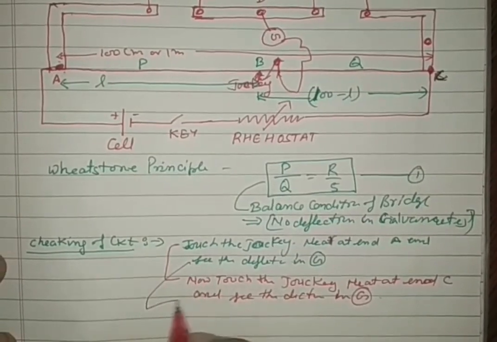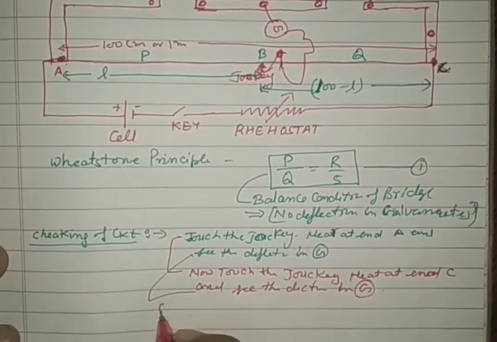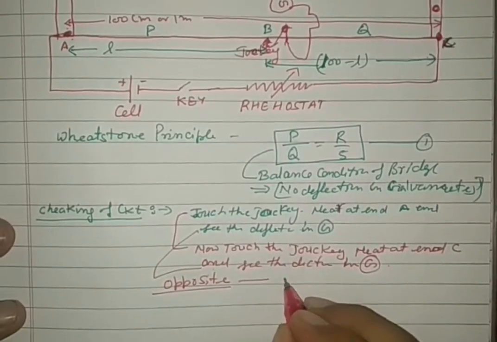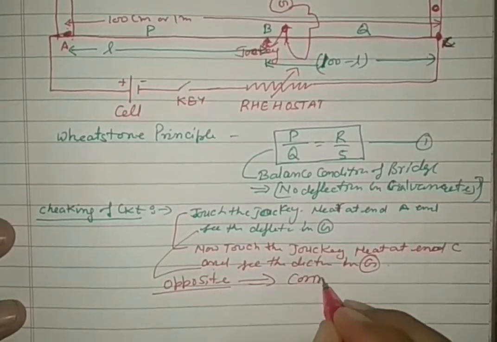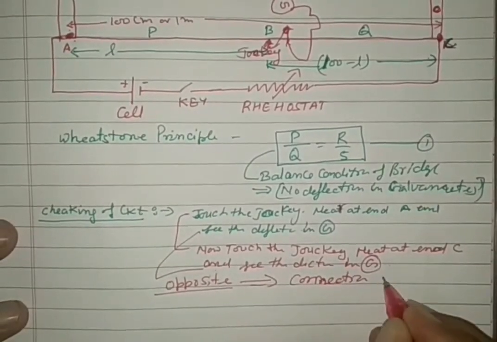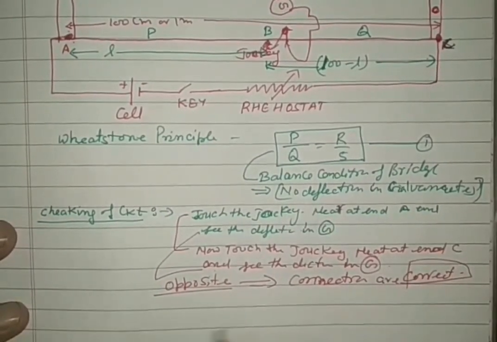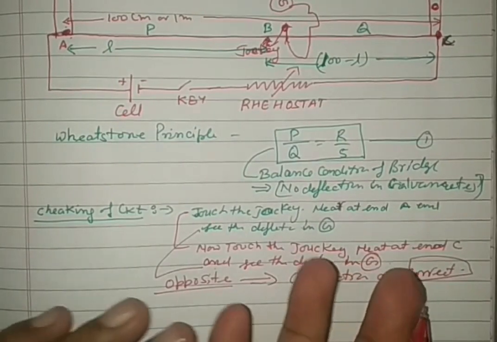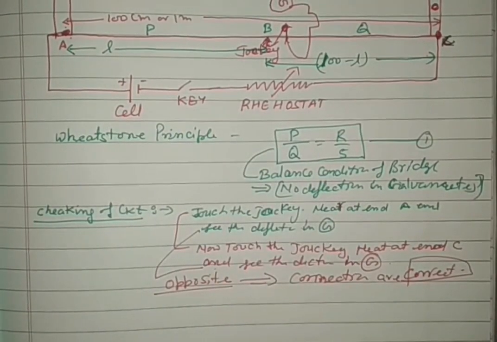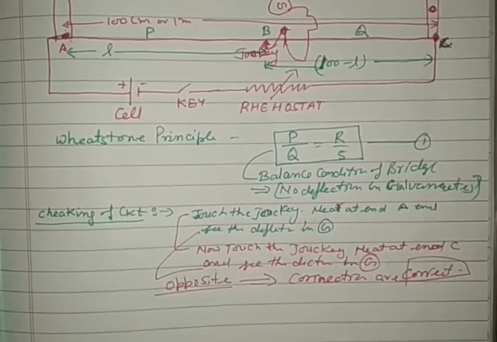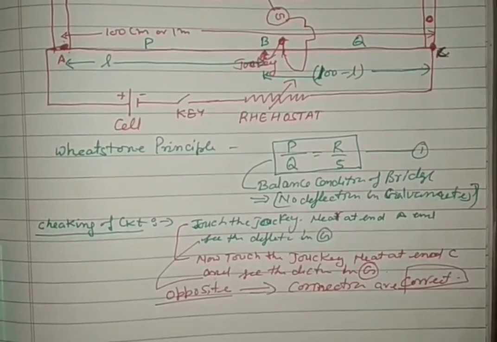If both deflections are opposite, then this implies that the connections are correct. If the deflection is on the same side, or there is no deflection, then it is required to check the connections once more. Listen very carefully.